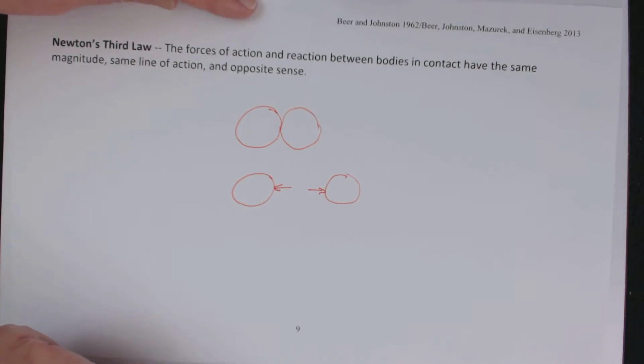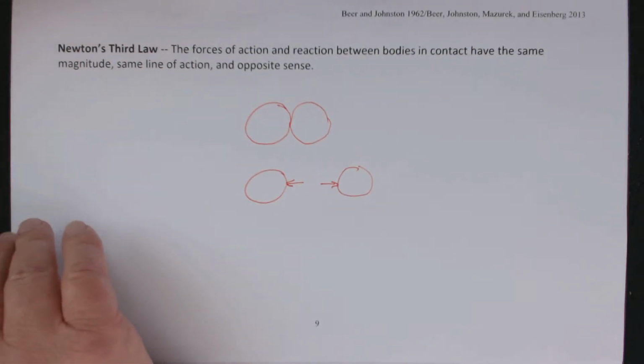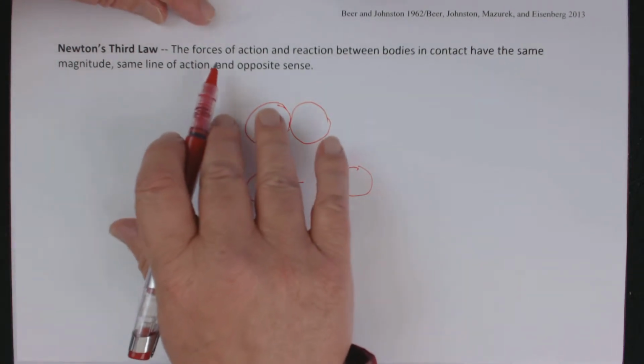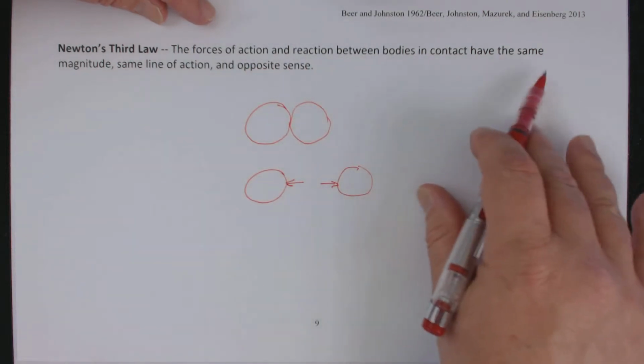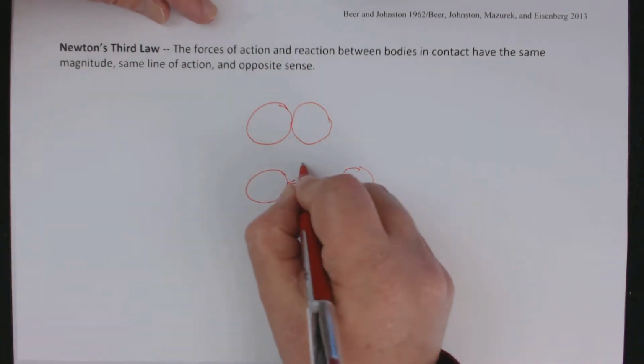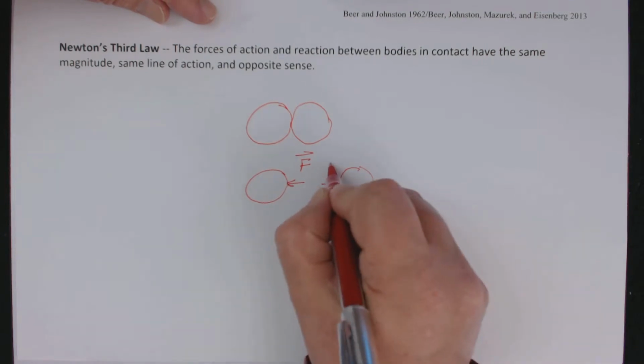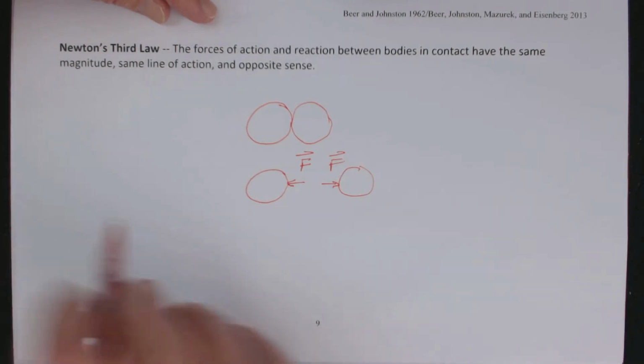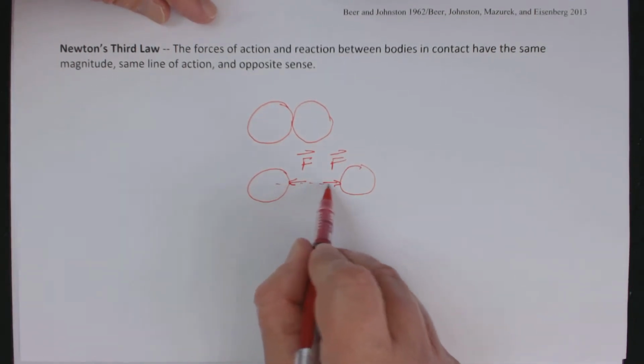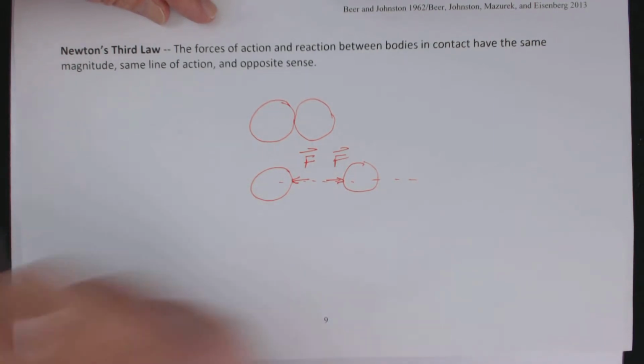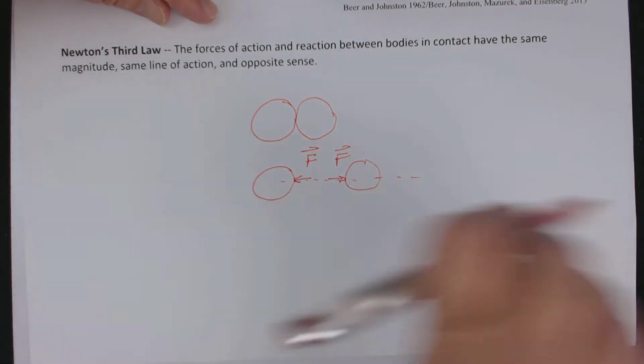So those are called forces of contact. And it says the forces of action and reaction between bodies in contact have the same magnitude. So if this is F, then this is also F, and the same line of action. So they will share the common line of action. But this one goes to the left and this one goes to the right.